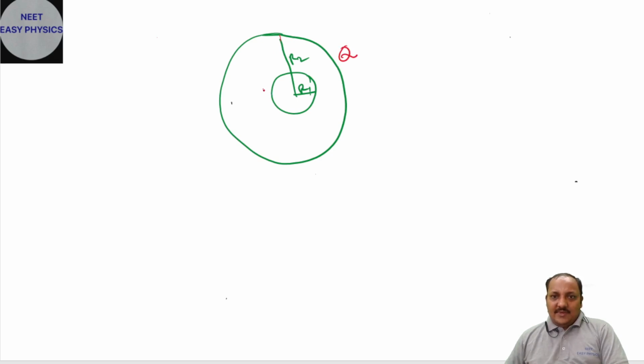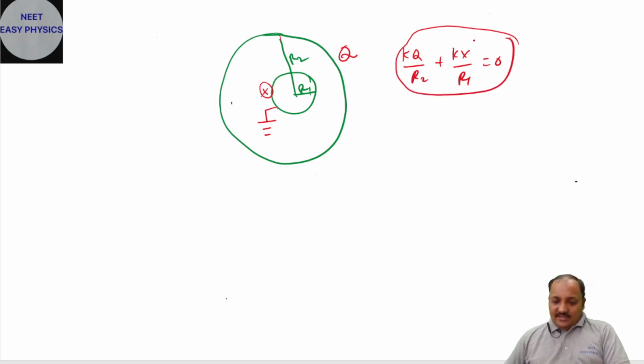On the inner sphere, what is the charge they are going to ask whenever it is connected with ground. Whenever it is grounded, the total potential inside is going to become 0. Now how much charge is going to be induced? So how we will take means KQ by R2 plus KX by R1 should be equal to 0.